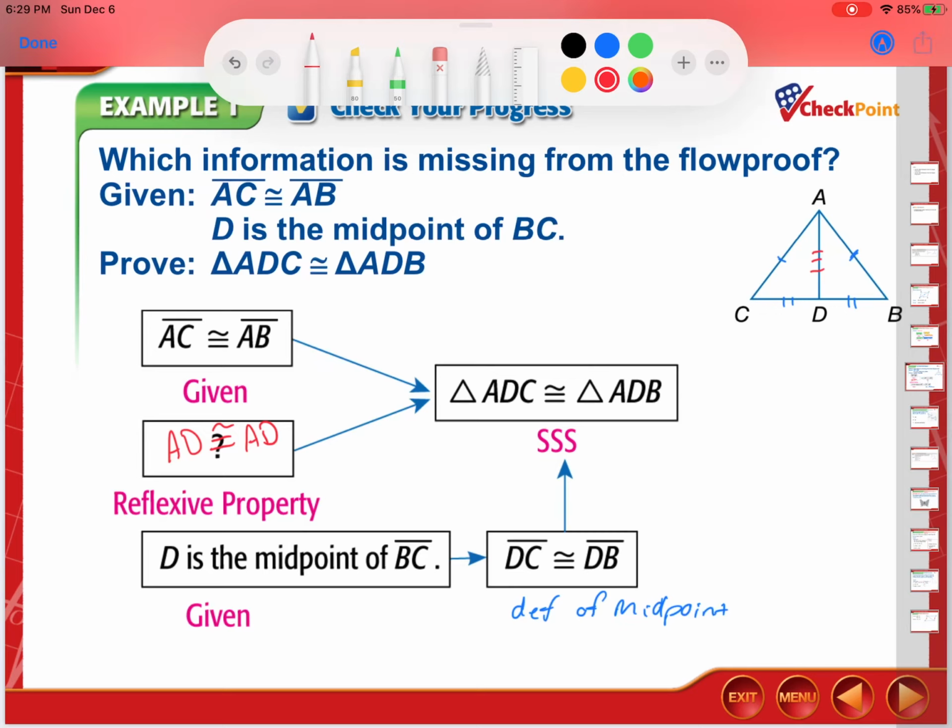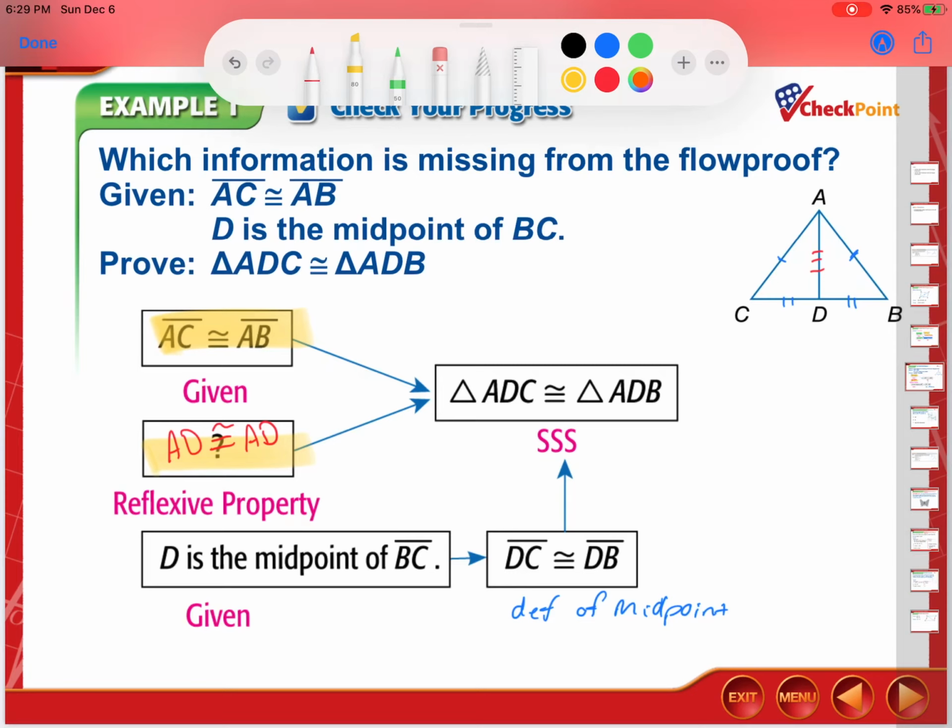But I do actually like in this flow proof how it kind of shows, okay, we were given AC is congruent to AB. Delightful. Okay, we're given that. We're good to go. Then we have our reflexive property that shows AD is the same in both triangles. Delightful. That's two sides. Now we need to figure out our third side, the CD-DB side.